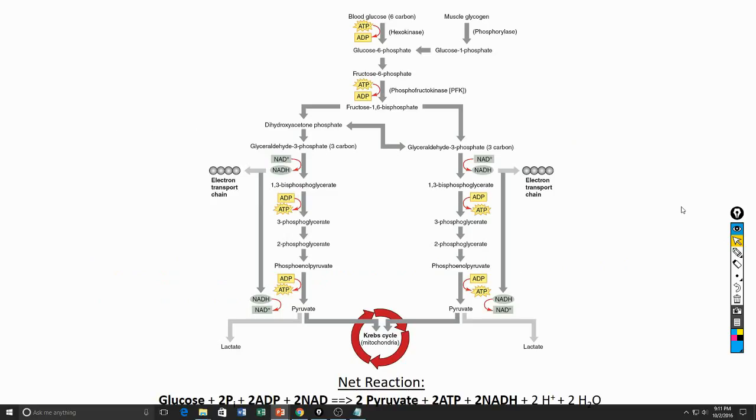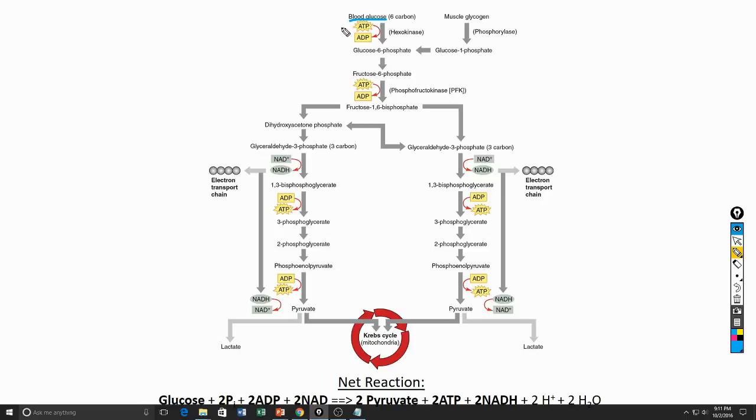So here we go. This is that equation. All right, so this is glycolysis. Up here we have glucose, and let's talk about the different places, right? Blood glucose, that's coming, as you can imagine, from your blood being absorbed into the muscle, okay?